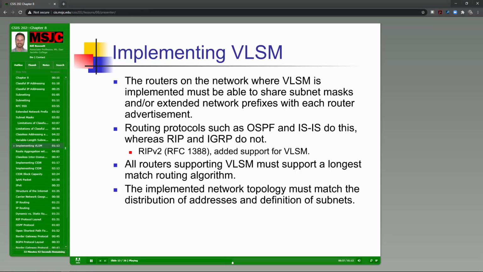Now, RIP version 2 has added support for VLSM, so that one will work if your router supports RIP version 2. And you can see that technology too, RIP version 2, also has its own RFC 1388. So all routers supporting VLSM must support a longest match routing algorithm, and the implemented network topology must match the distribution of addresses and the definition of subnets.